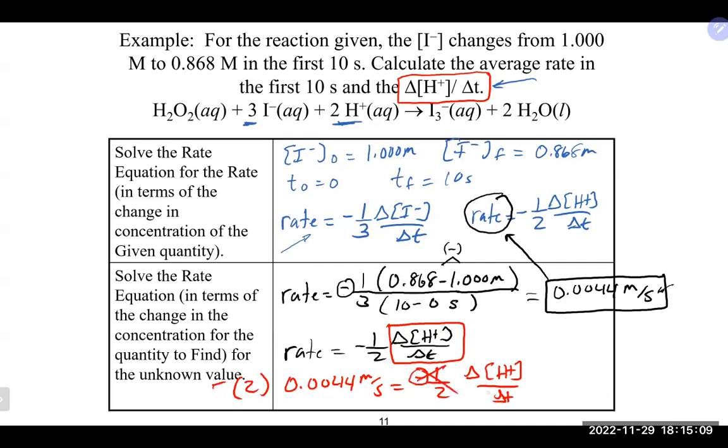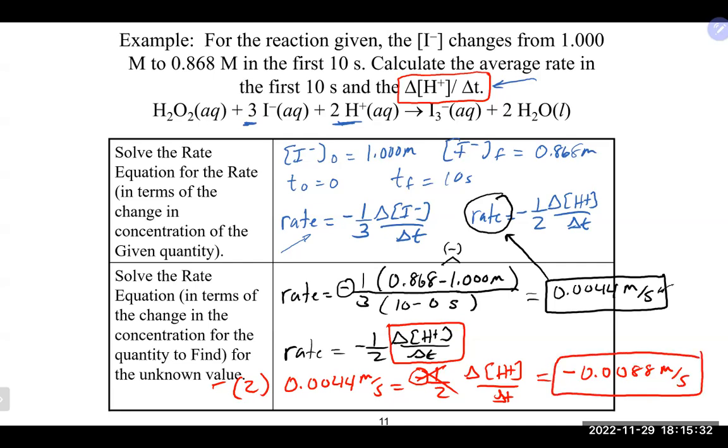So when we do that, the change in the concentration of H plus over that time will equal our 0.0044 times 2, which gets us -0.0088 molar per second in this case.